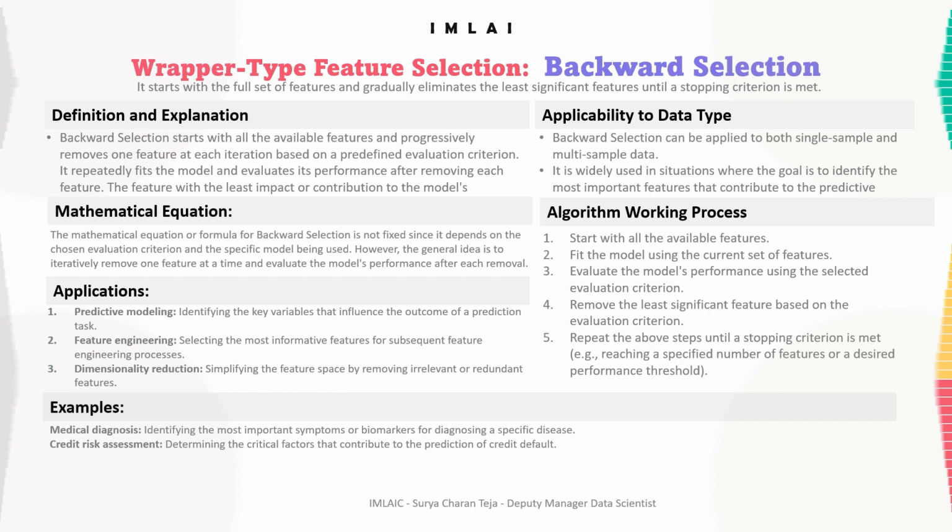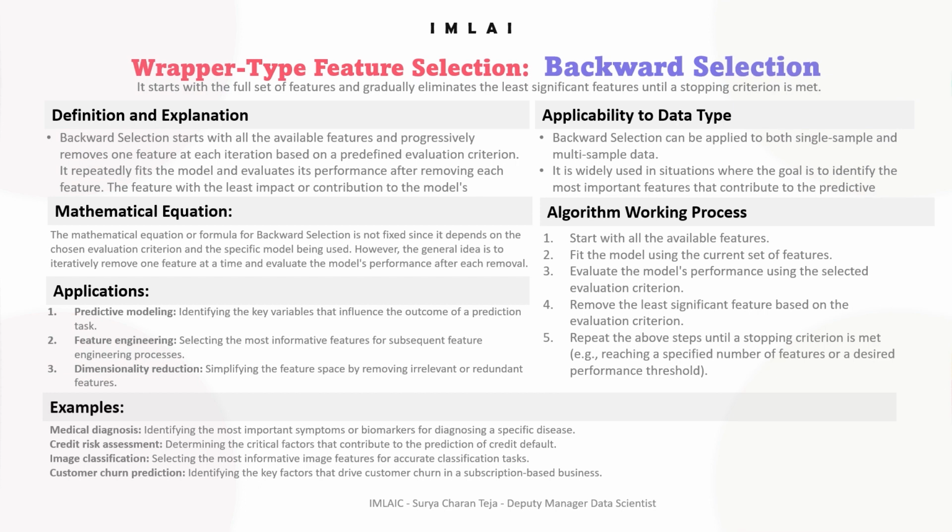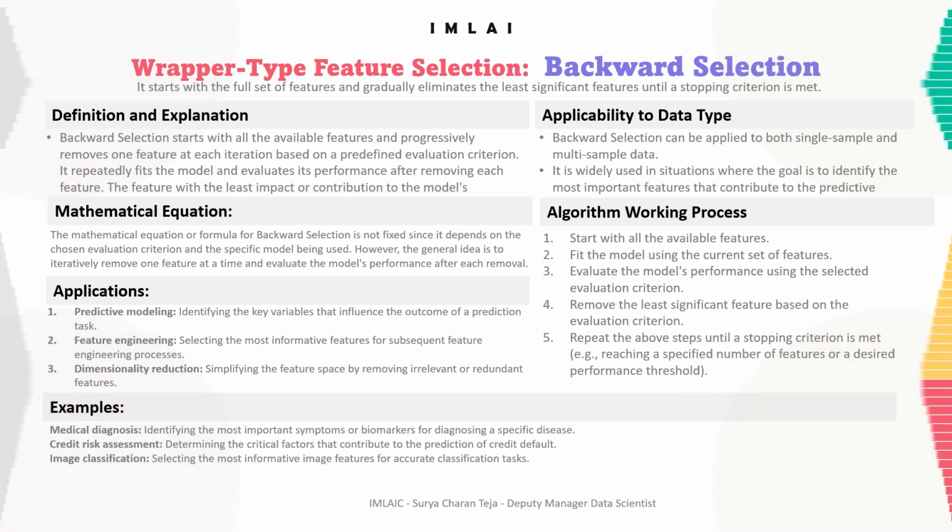Then we have the most important one, image classification, selecting the most informative image features for accurate classification tasks. And the last one, customer churn prediction, identifying the key factors that drive customer churn in a subscription based business.